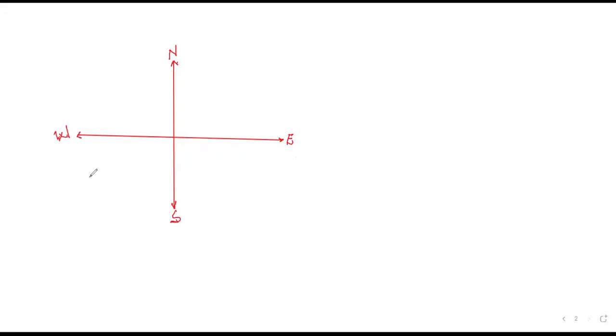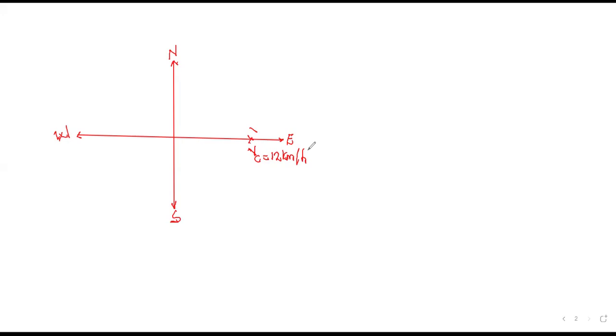So the cyclist is traveling at a speed of 12 kilometers per hour due east. So this is the velocity of the cyclist, 12 kilometers per hour.